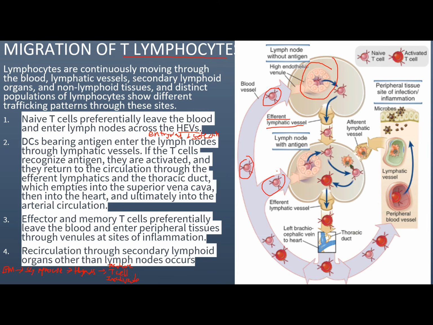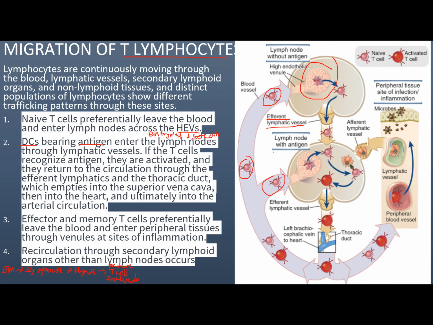Now, inside the lymph nodes, class, certain cells, such as your dendritic cells and macrophages, would carry antigen, and they would also go to the lymph nodes, to the lymphatic vessel.